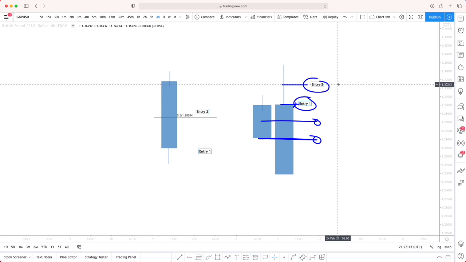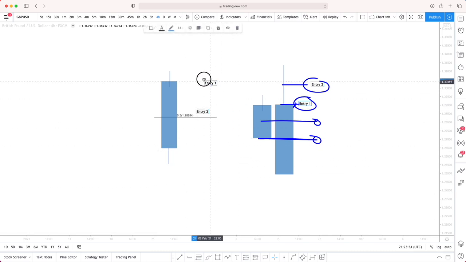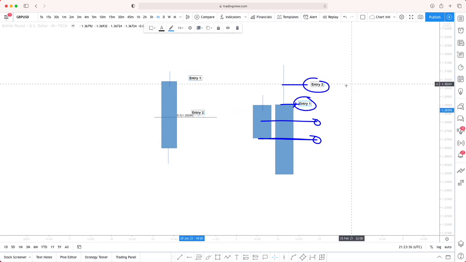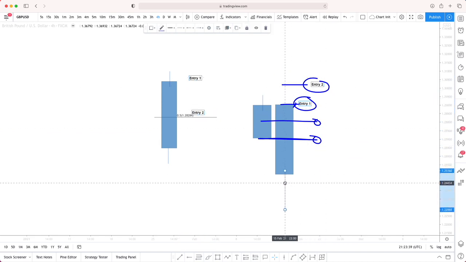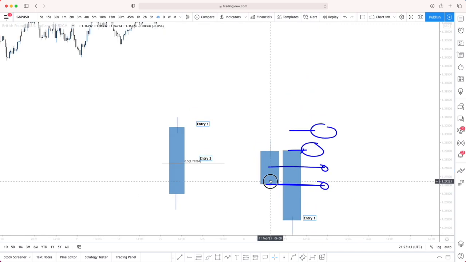Now, when you have a spread issue, generally for a sell, you should put your stop loss above the high of the OB and add your spread. For a buy, you can put it below the low, but in terms of your entry, just add whatever your spread is to the entry. So this is for a sell I'm showing you here. If you're looking for a buy, that would be your entry 1, and your entry 2 would be here.